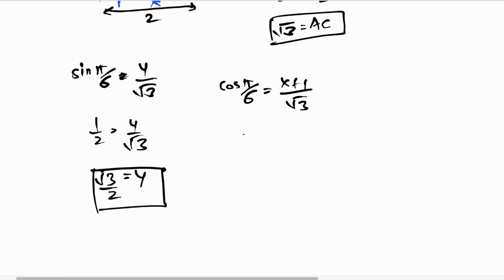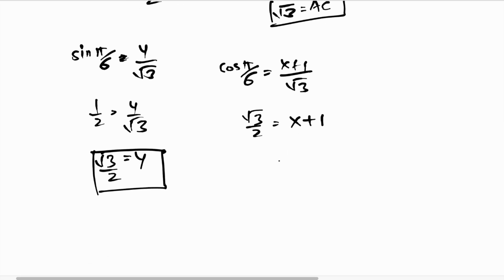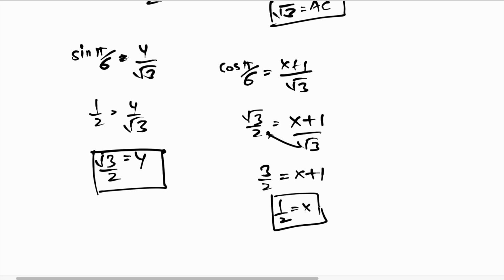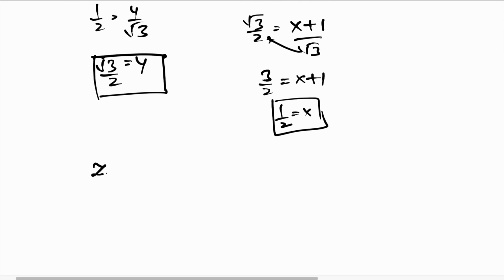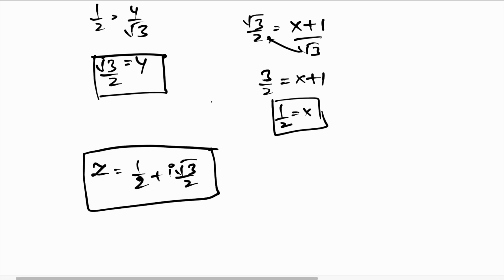And cos pi by 6 is root 3 by 2, which equals x plus 1 upon root 3. Then cross multiplying, I get 3 over 2 equals x plus 1, and x equals half. So I get my complex number z as half plus i root 3 over 2. This is what I had to prove.